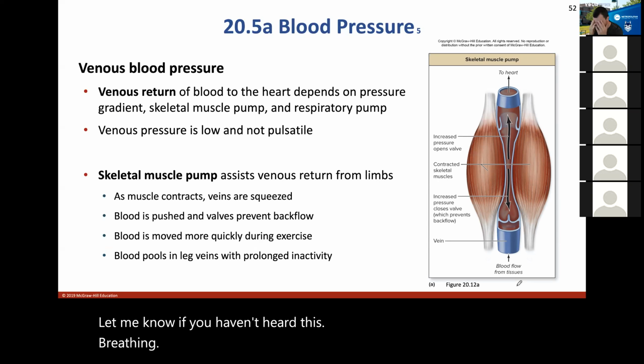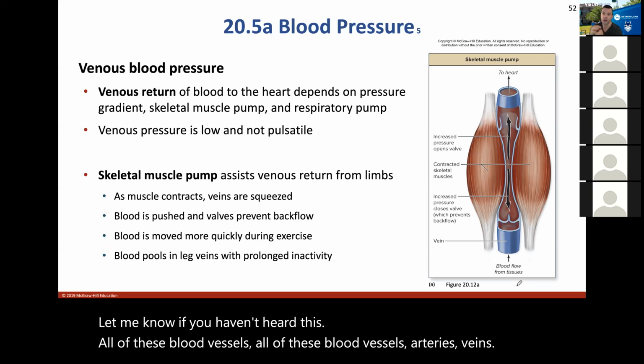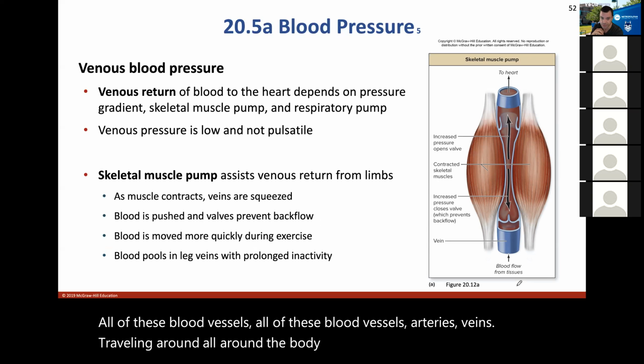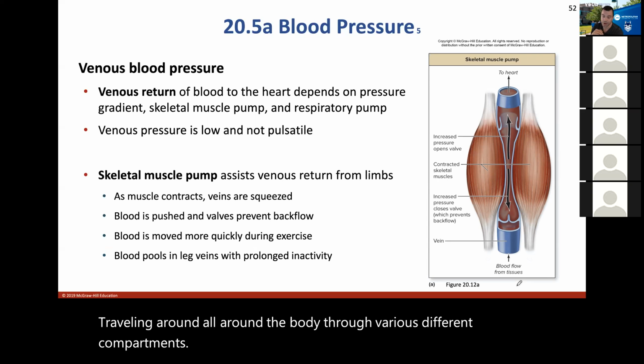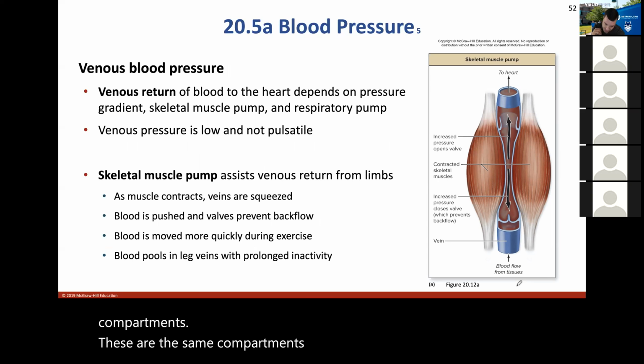All of these blood vessels, arteries, veins, travel all around the body through various different compartments. These are the same compartments that house muscles, skeletal muscles, smooth muscles.